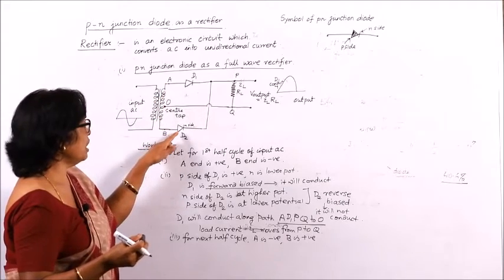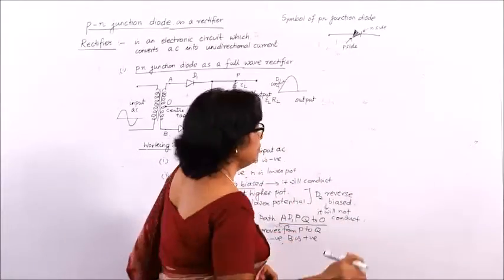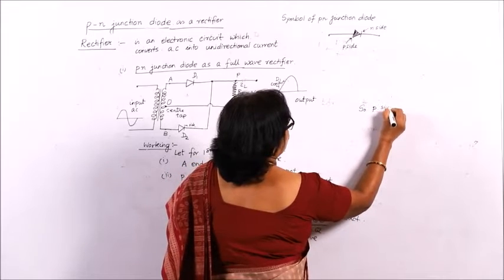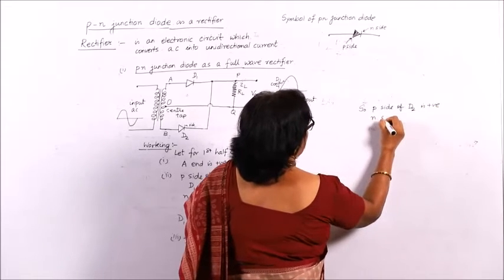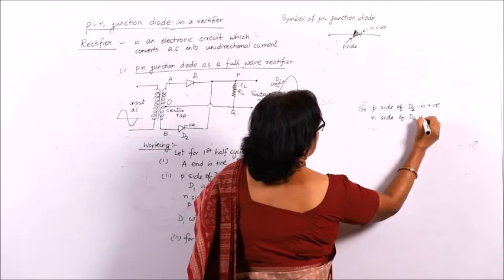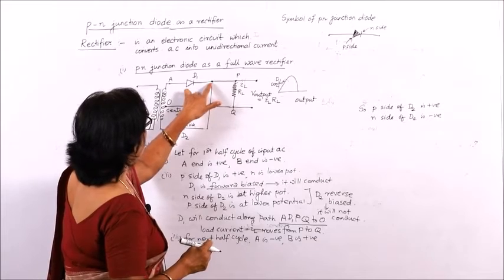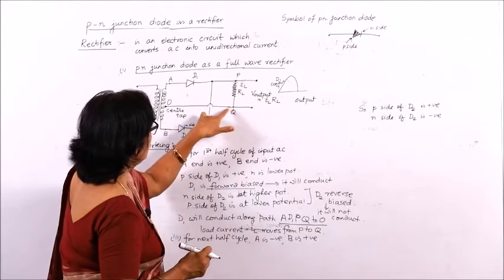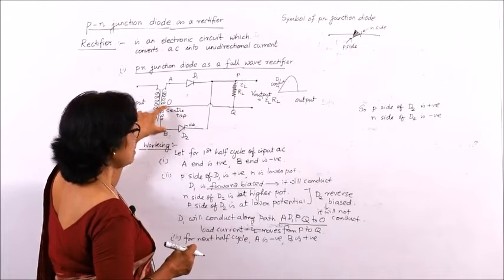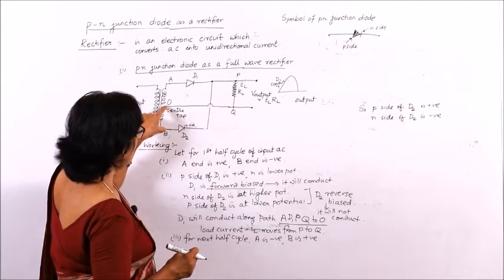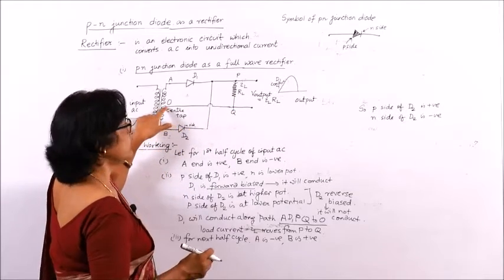B being at a higher potential means the P side of D2 is at higher potential, is positive, and the N side of D2 is negative, because the N side is actually connected to O, and O is at a lower potential than B. So, P side is connected to B at a higher potential, N side is connected to O which is at a lower potential.